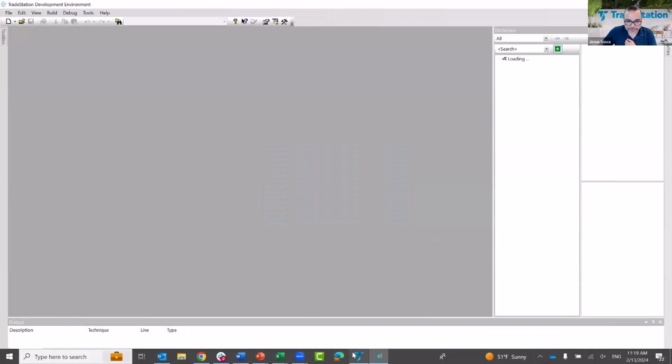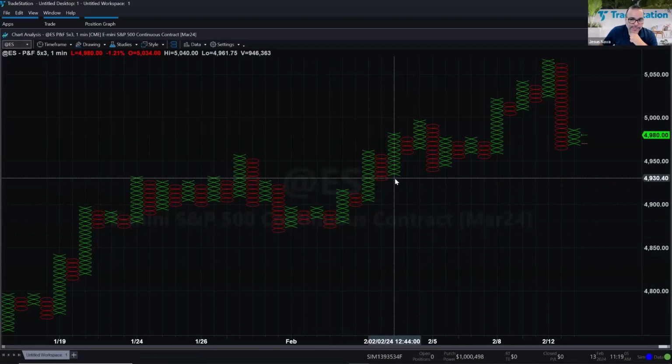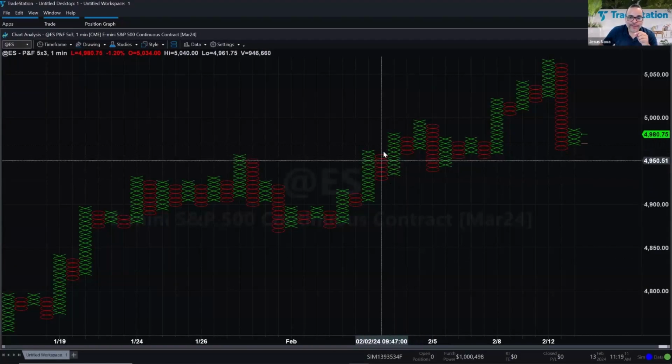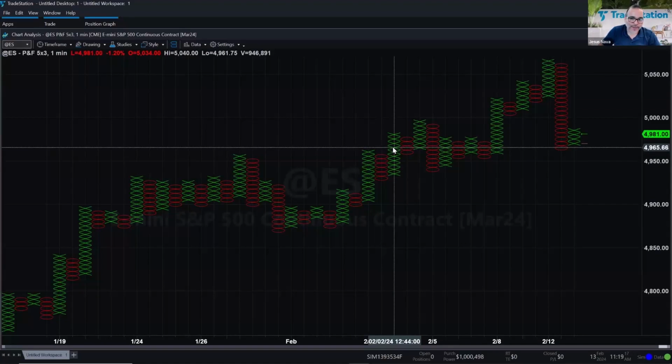And let me go back here to the chart to tell you exactly what my strategy is going to do. It's going to compare the closing prices of each one of these columns. Of course, if the column of O's is going down, the close is going to be at the bottom. And if I'm looking at a column of X's, since the price is going up, the close is going to be at the top. That's the nature of the point and figure.